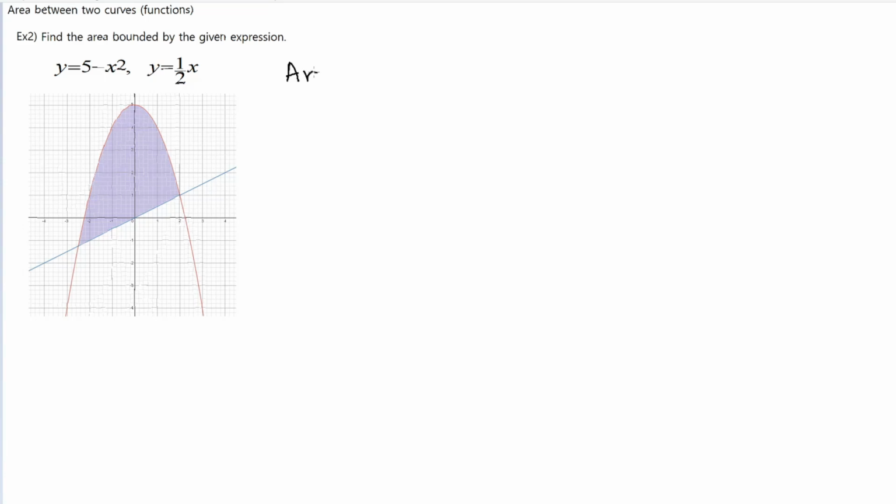So the area is equal to, from A to B, the top function being 5 minus x squared minus 1/2 of x. Okay, now we have to figure out where the area starts and where the area ends.